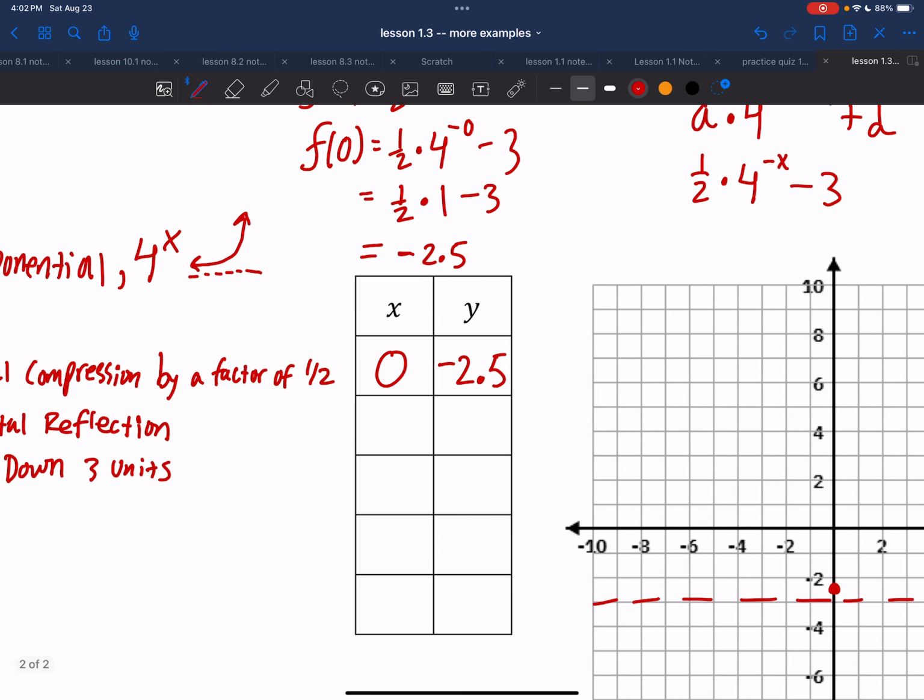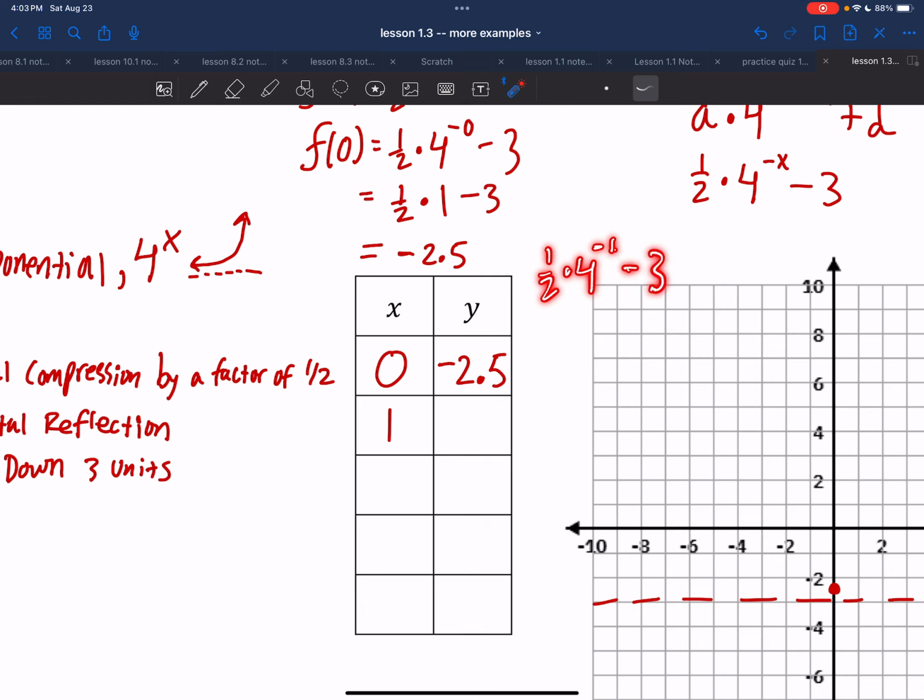Now you might be tempted to plug in 1. That's okay, it'll work, but that fraction is going to be pretty ugly. To do the math with you real quick, you'd do 1/2 times 4 to the -1 minus 3.